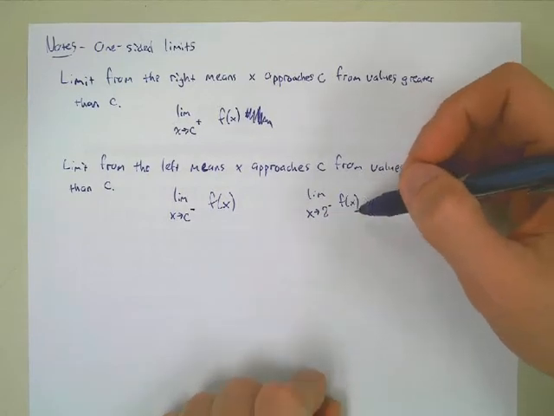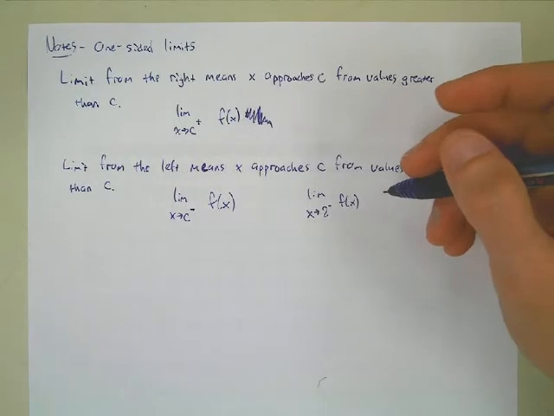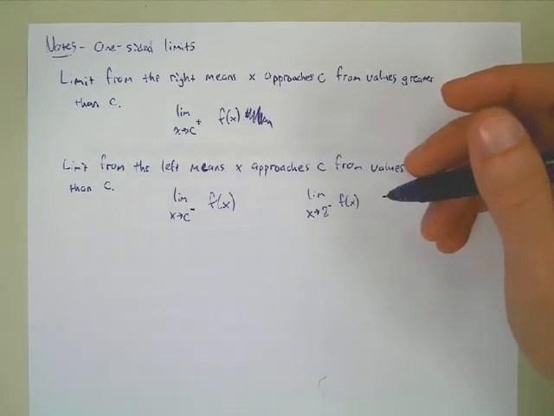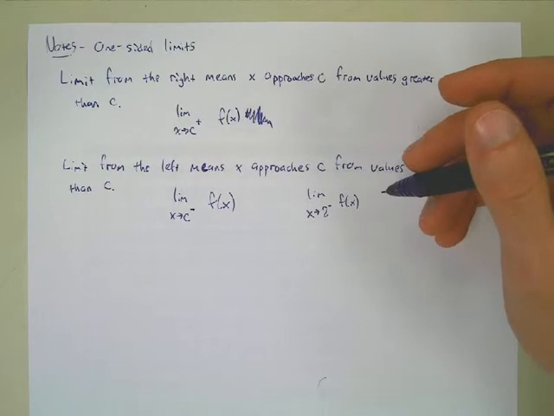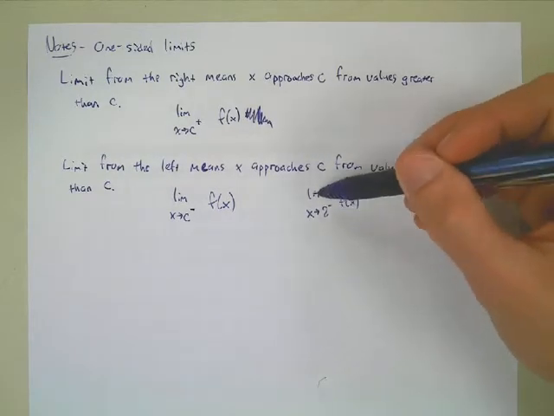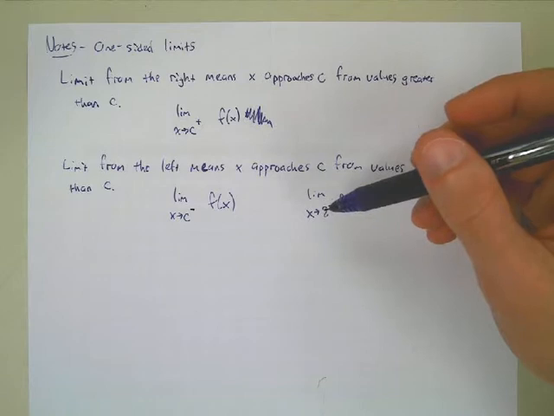What kind of numbers could we use to approximate 2 from the left? 1.9, 1.99, 1.999, exactly right. That's what this is. This is not the limit as x approaches -2. We're approaching 2 from the left, so be careful with that. It's very easy for students to get that confused.